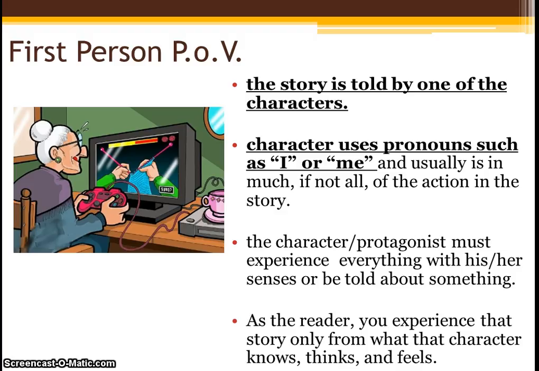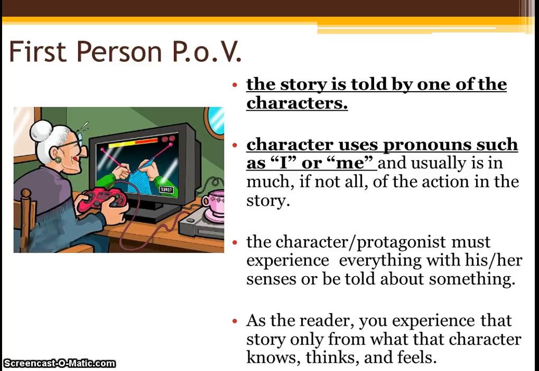So you kind of get the idea of first-person point of view. If the character is talking about themselves a lot, talking about their actions, their feelings, their thoughts. And again, the key here is this concept, the second bullet point right here, using the pronouns like I, me, my, we, our, those pronouns that show that they're talking about themselves.